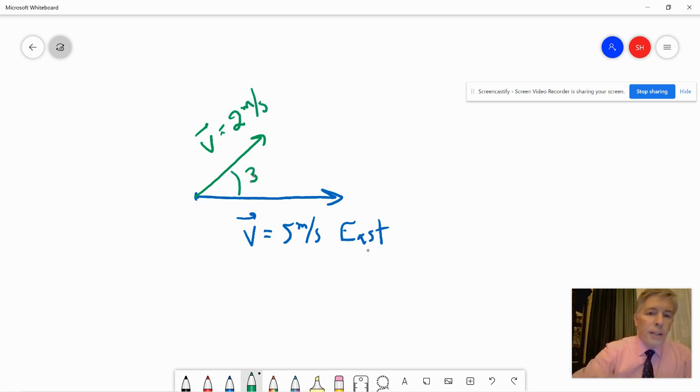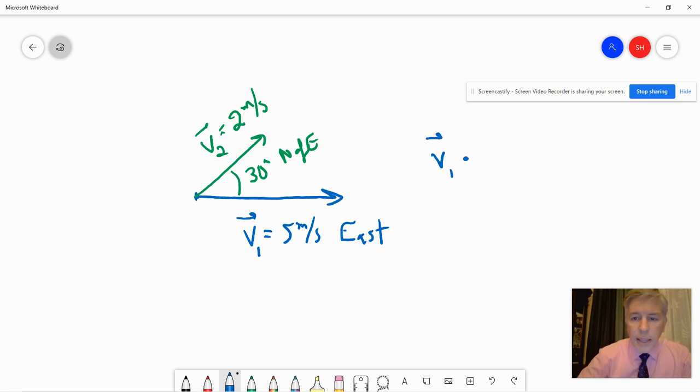And just to make it easier, it's 30 degrees north of east. If I wanted to dot these two vectors with each other, so I should probably change them. So let's call this one V1. Let's call this V2.